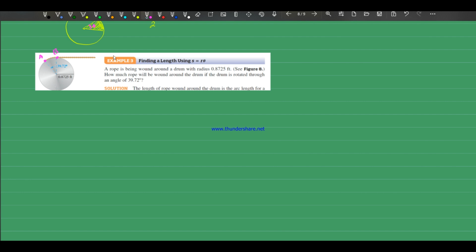Very easy. In order to find the arc length, we know this is in degrees, so we need to convert it to radian. We know pi radian is 180 degrees. So we have 39.72 degrees. How many radian is that? We take pi times 39.72 and divide by 180.